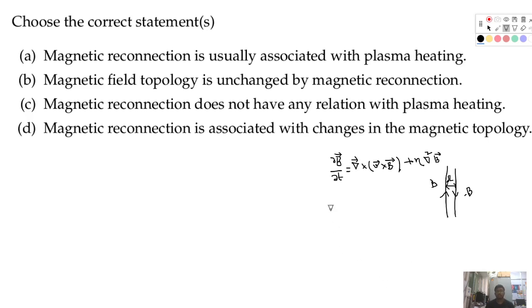Now the implication of magnetic reconnection: if you have these positive and negative fields, there can be a region between these field lines which is known as a current sheet.